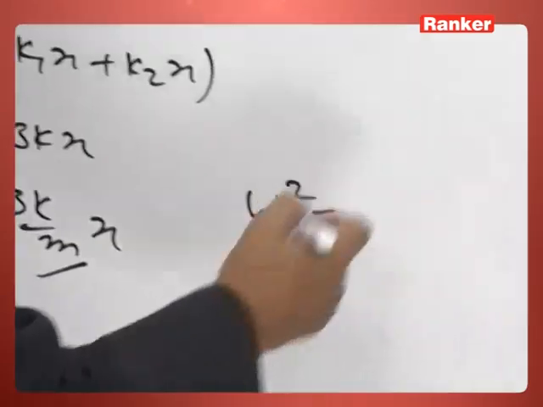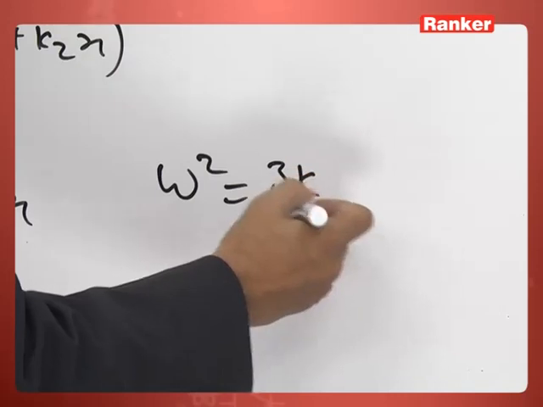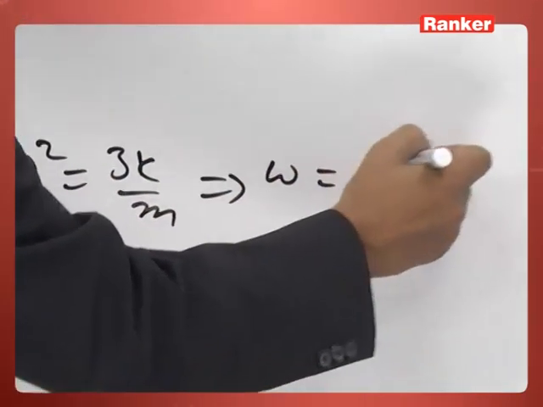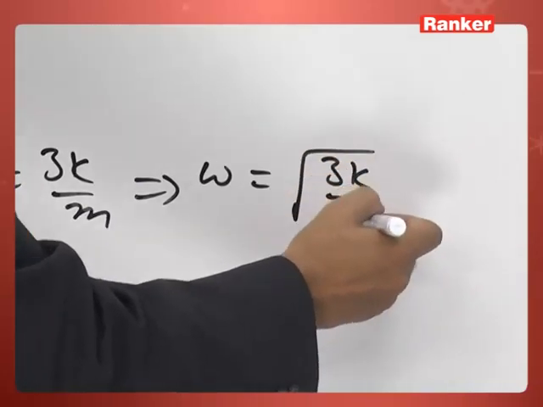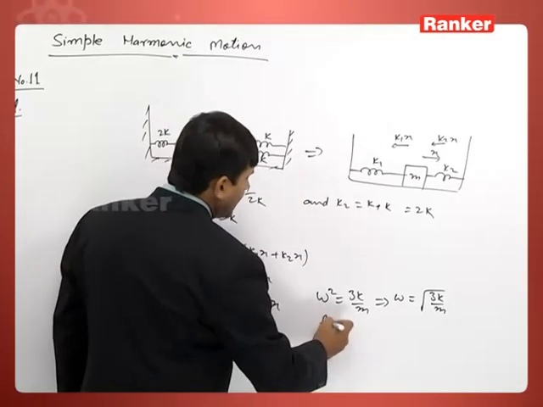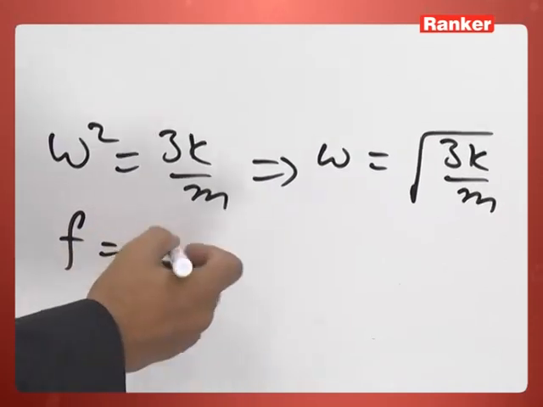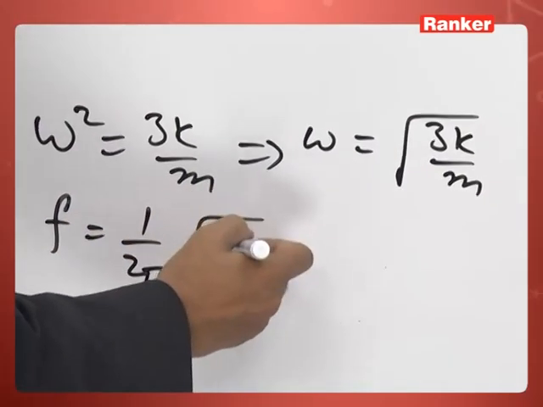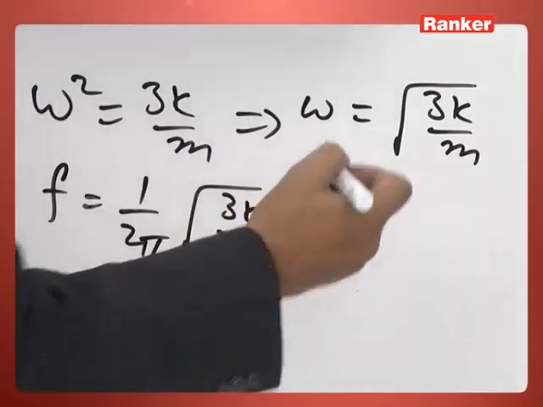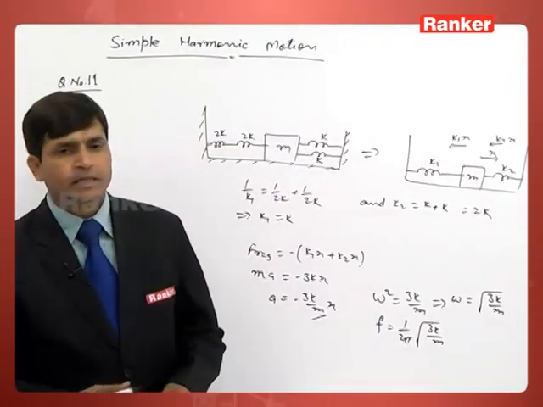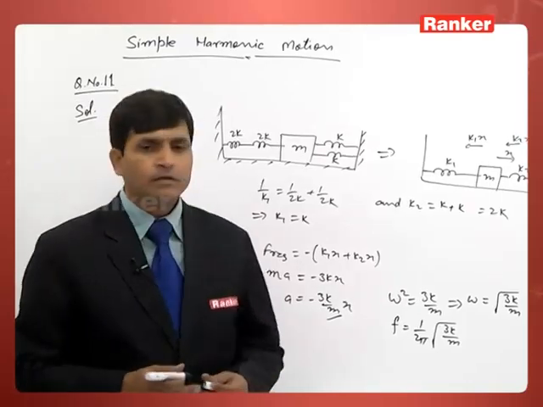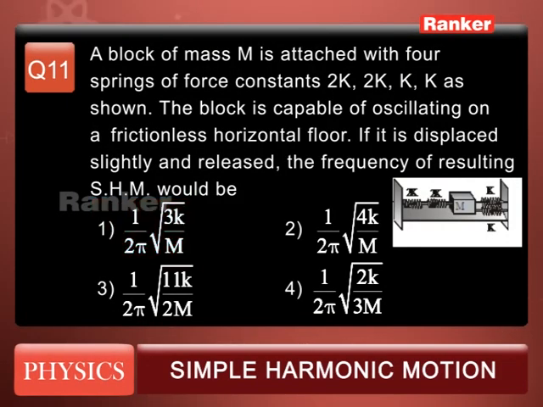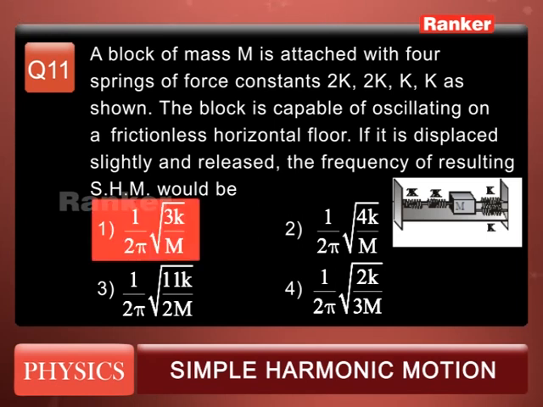So omega square is 3K by M, so omega is root over 3K by M. So frequency f is 1 by 2 pi root over 3K by M. This is the frequency. So option number 1 is the correct answer.